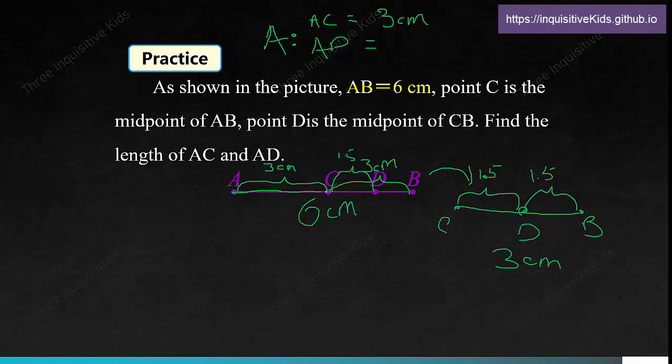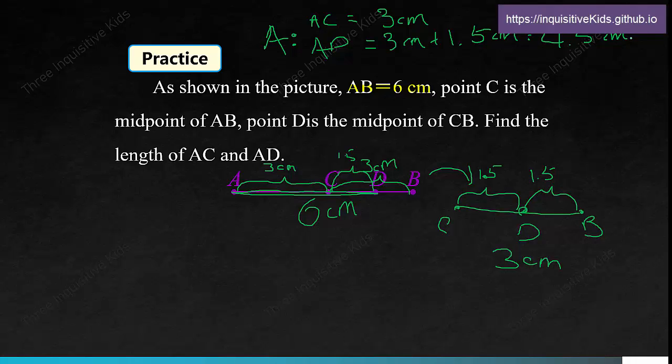This part is AD. So we add 3 centimeters to 1.5 centimeters, and we have 4.5 centimeters.